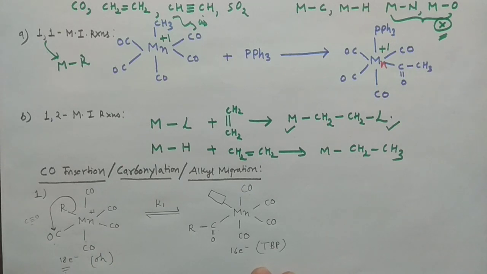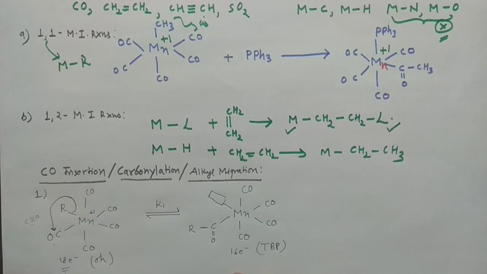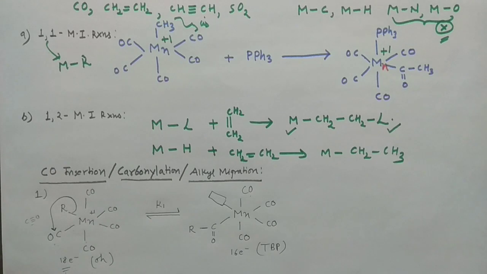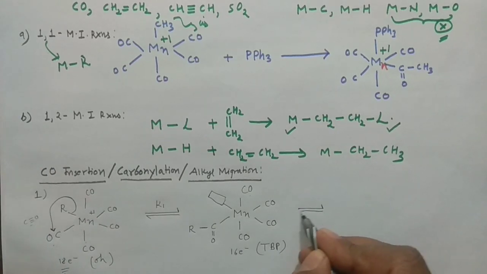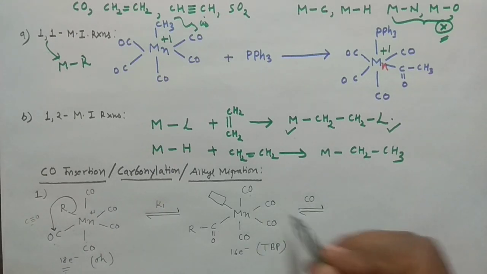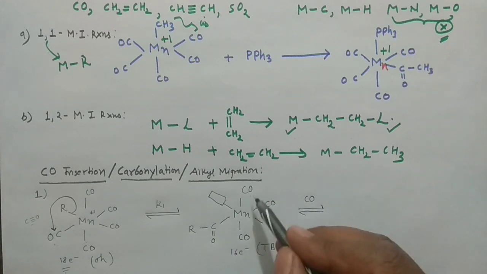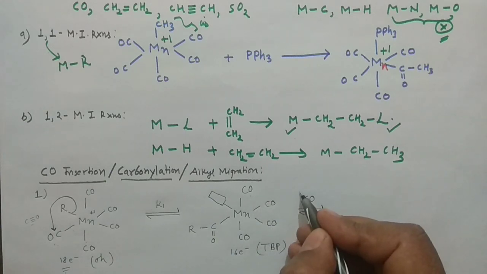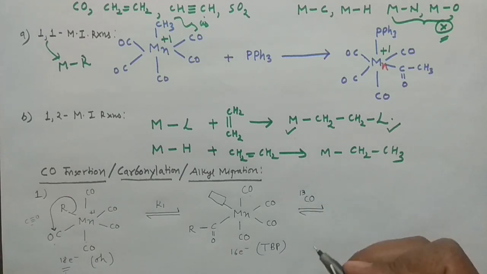And this is your alkyl migration, and this alkyl migration is very well supported by the experimental results. So in the next step, what will happen? Say you are having another carbonyl, and to differentiate between the carbonyl groups which are present in the molecule and the carbonyl group which is coming as the ligand, I am labeling it with the C13 isotope.